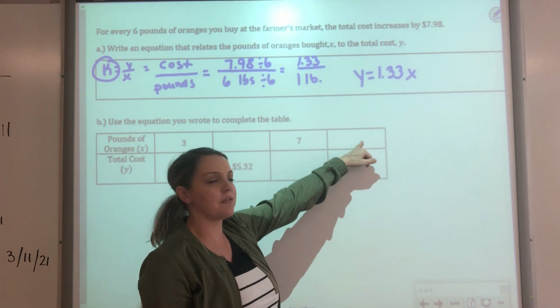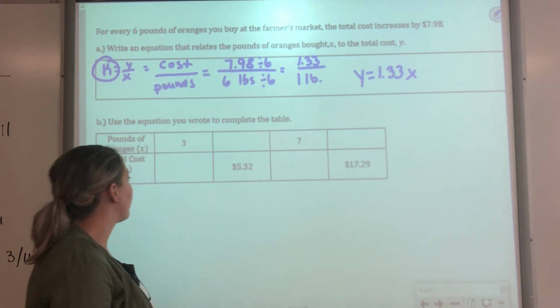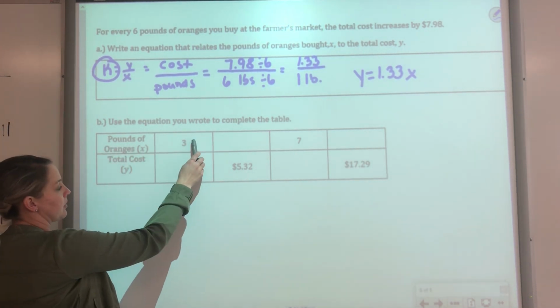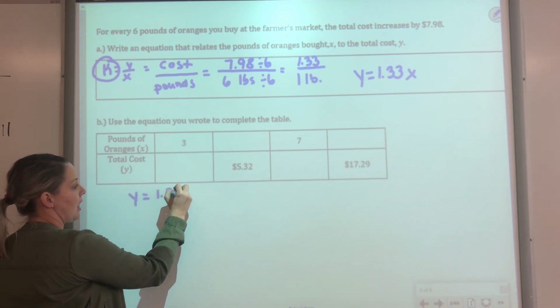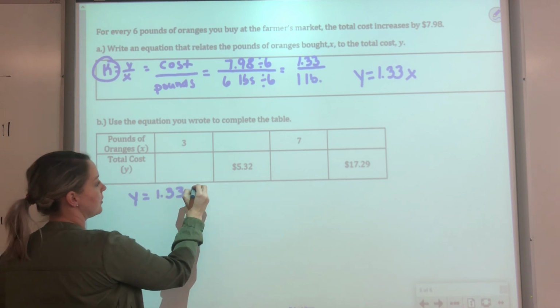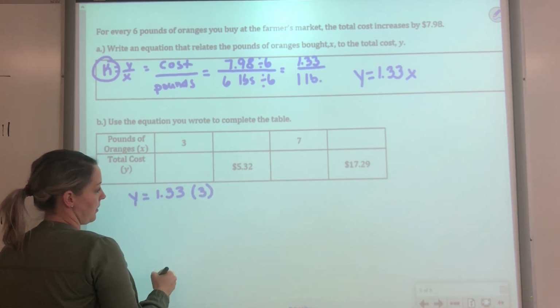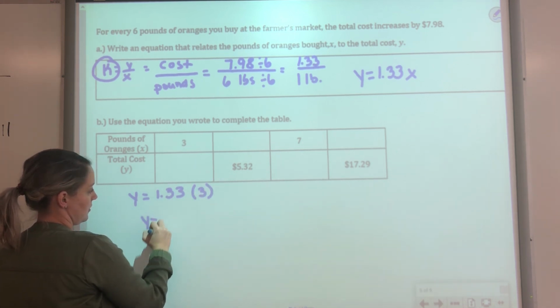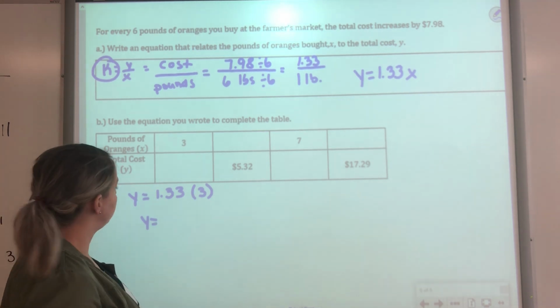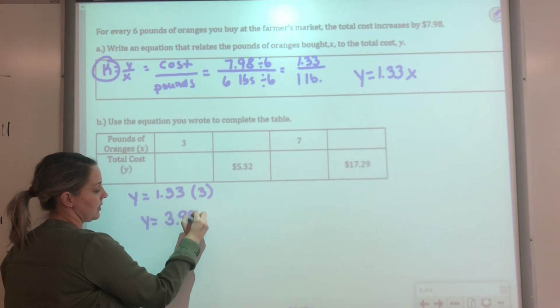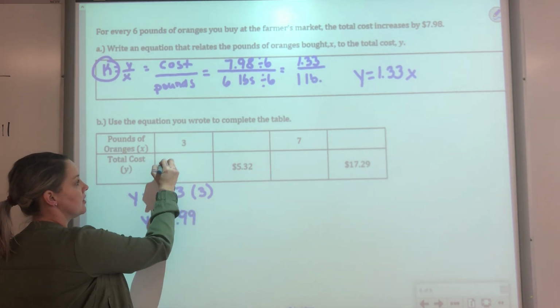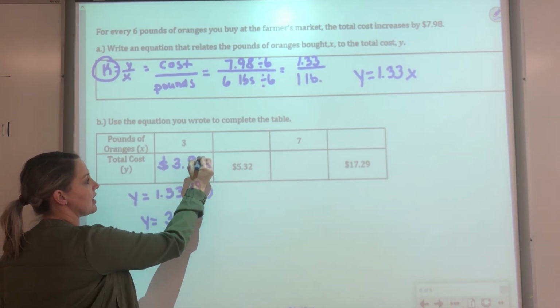So if I know I'm buying 3 pounds of oranges, I'm going to multiply the cost of 1 pound by 3 pounds. So $1.33 times 3 is $3.99. Okay?